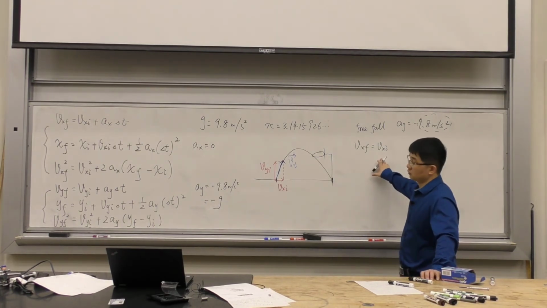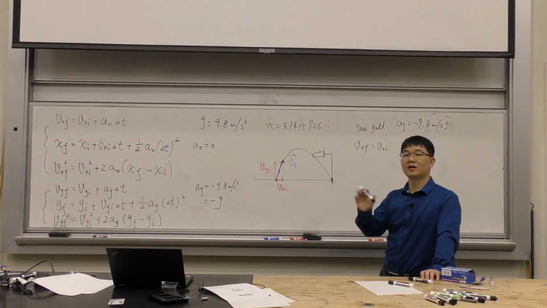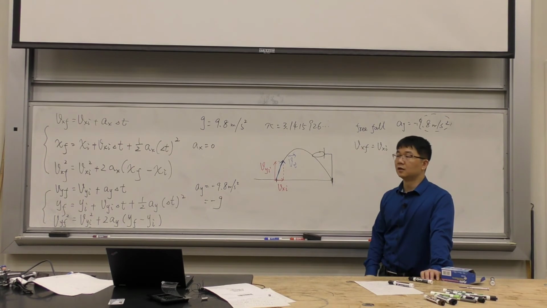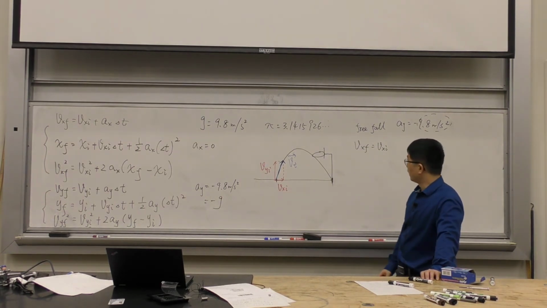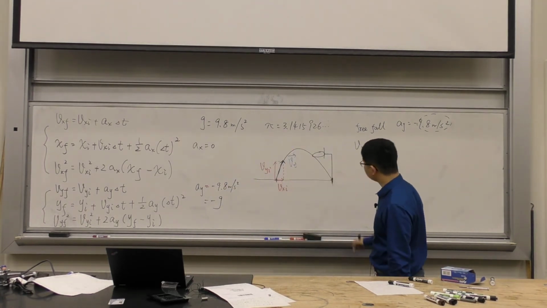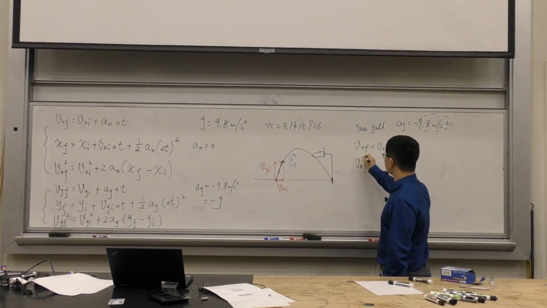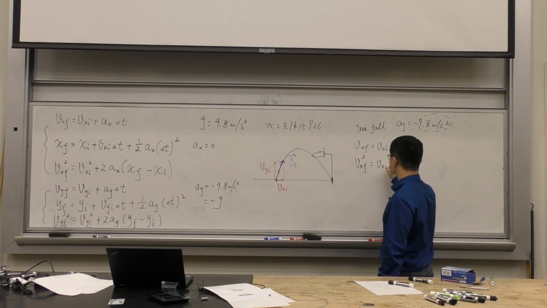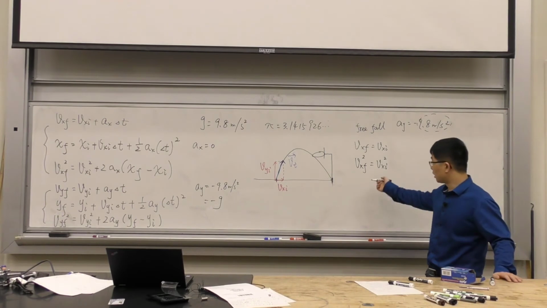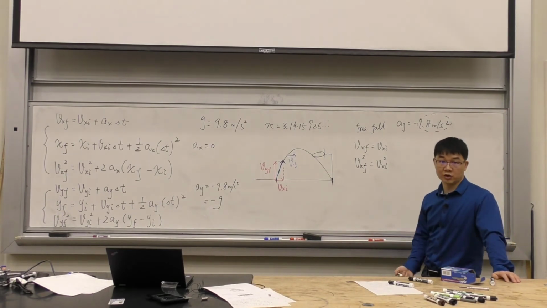So the first equation is not going to really help you find anything new. It's just confirming that velocity is constant in the x direction. And if you plug the acceleration into the third equation, you get Vxf squared equals Vxi squared. It's telling you the same information: the velocity in the x direction doesn't change, right?